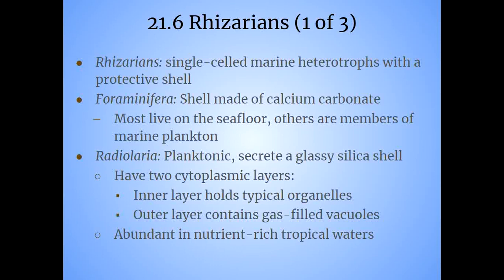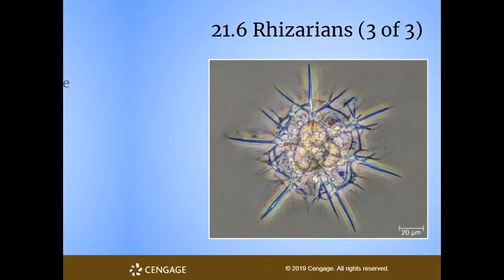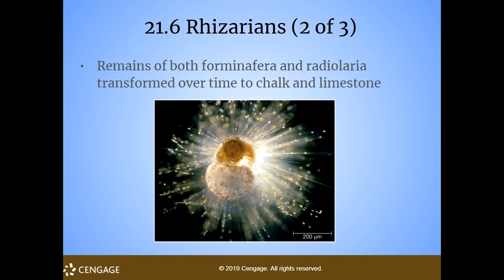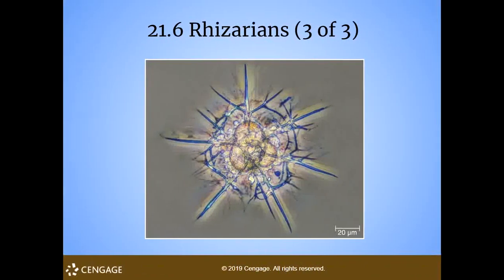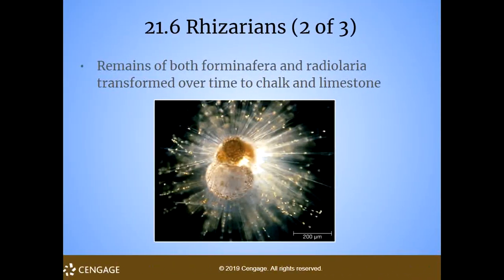If you look, I put pictures. This is the Foraminifera, and then this is the Radiolaria. You can see the Foraminifera has a little bit more of a rounded shape, whereas the Radiolaria has these really needle-looking projections.